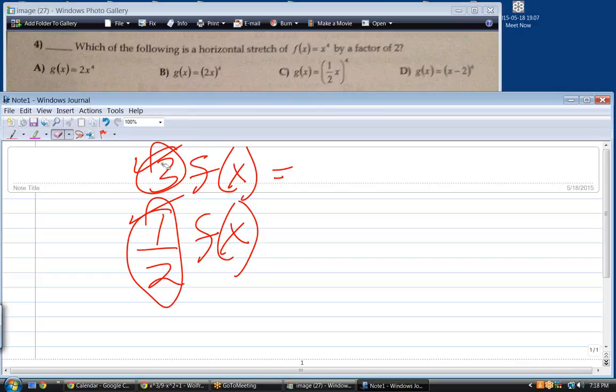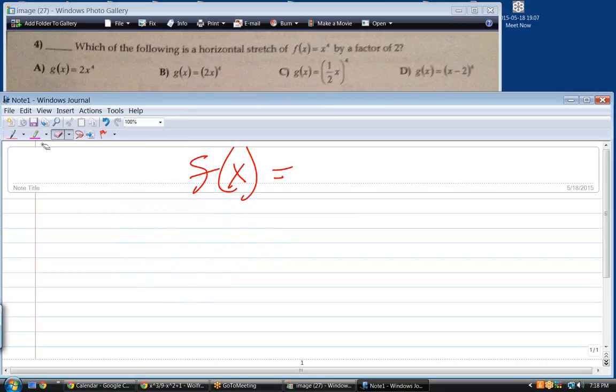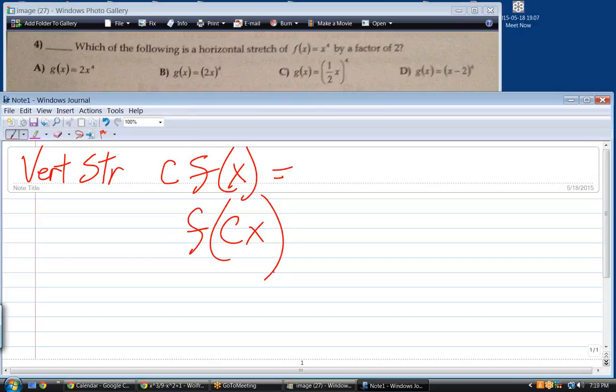Okay? So, when we're talking horizontal, I'm going to put a C there and call that vertical stretch. If the C is in front of the x, like this, that's horizontal.